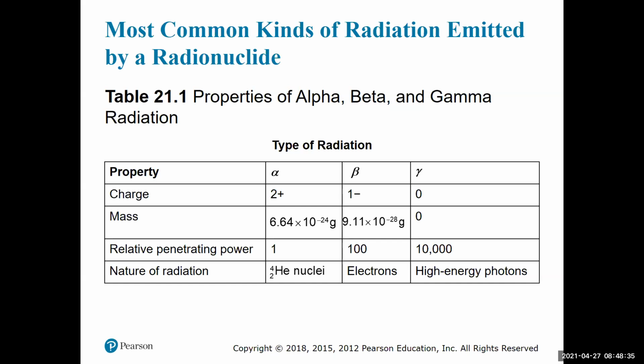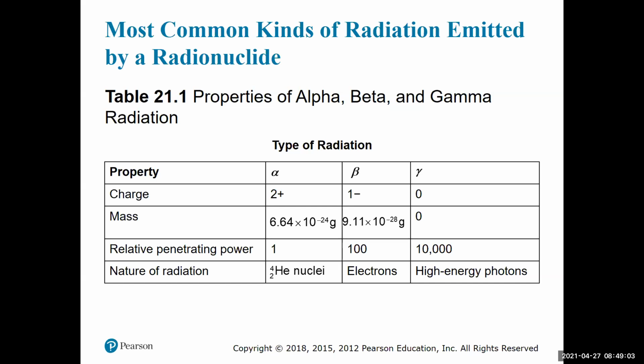And so different types of radiation have different uses. So it's important to remember gamma is the most penetrating, alpha is the least penetrating. And then finally, what's the nature of the radiation? So the alpha, we say that's 4 and 2, which is basically a helium nuclei.